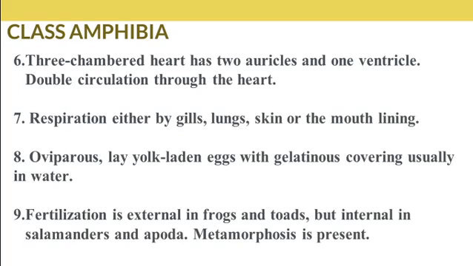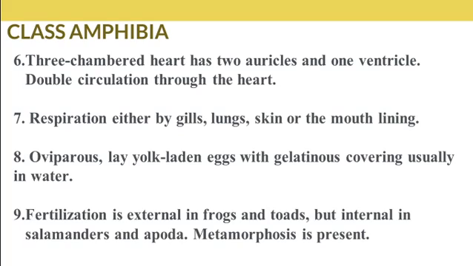The last point: fertilization is external in frogs and toads, but internal in salamanders and apoda. Yes, metamorphosis is present. Metamorphosis means the complete life cycle from birth to adult.